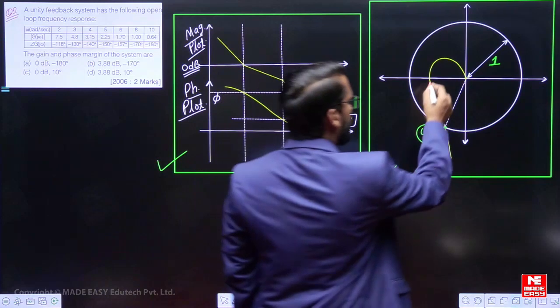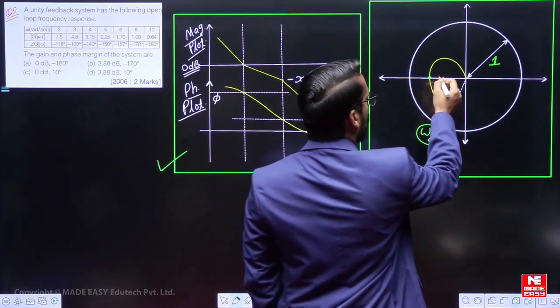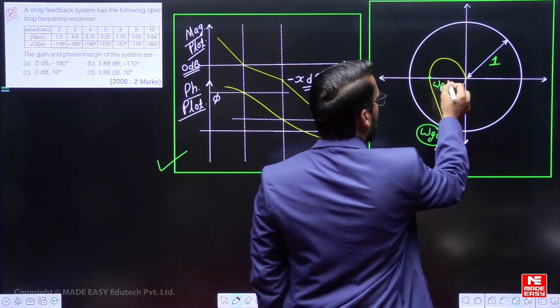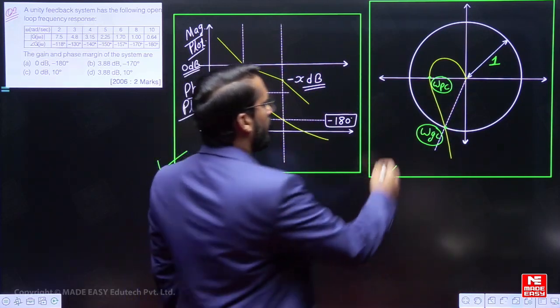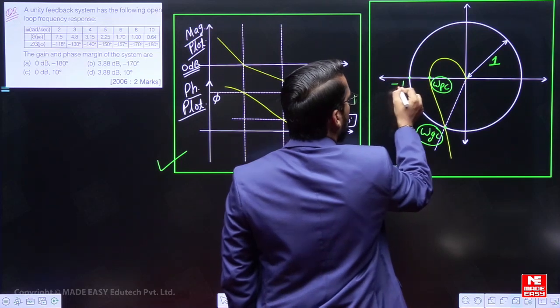If the phase of the open loop system at any frequency is equal to minus 180 degrees, then that frequency can be considered the phase crossover frequency.